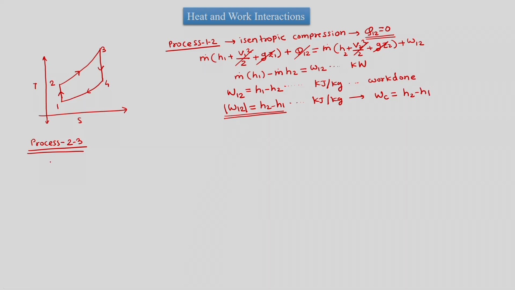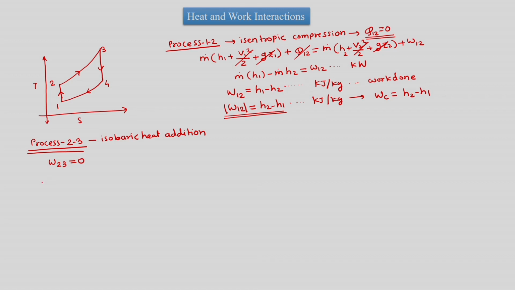Now process 2 to 3 is isobaric heat addition. In process 2 to 3 we have W23 equal to 0, and we will also neglect the change in potential and kinetic energy in process 2 to 3.